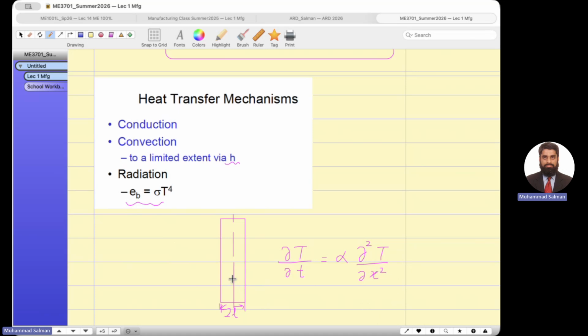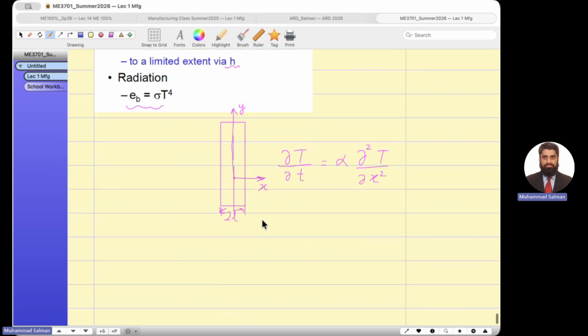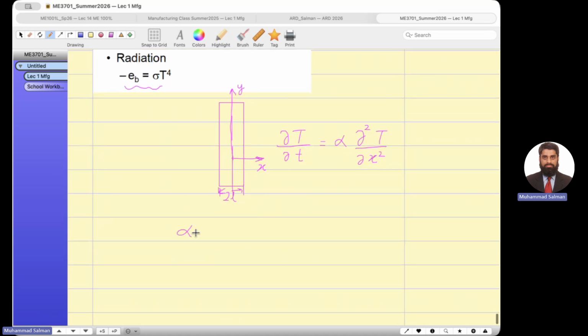You might be asking, Professor, what is that? This is my reference. x is from the middle of the plate thickness, where alpha is the thermal diffusivity.